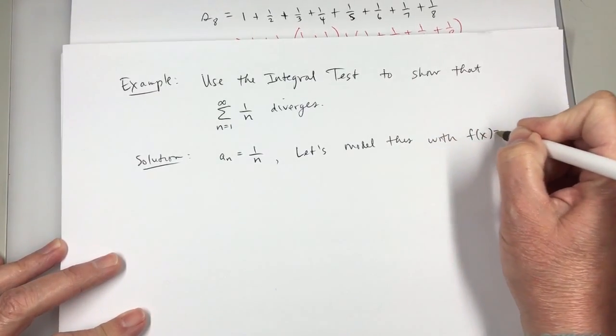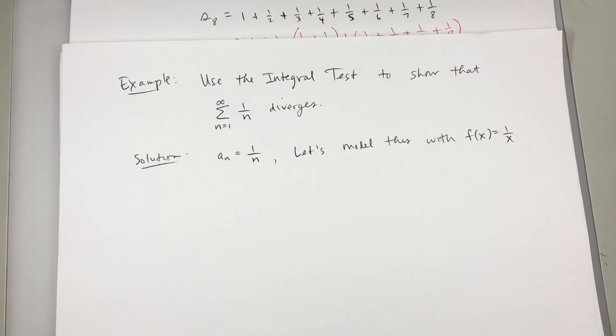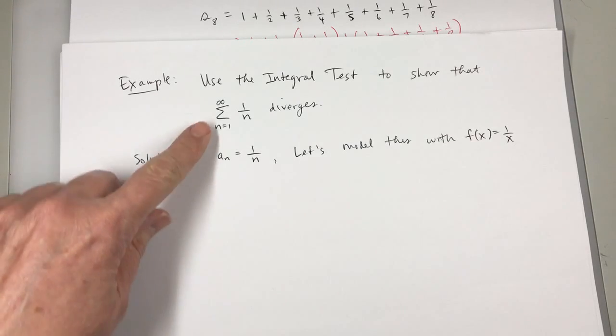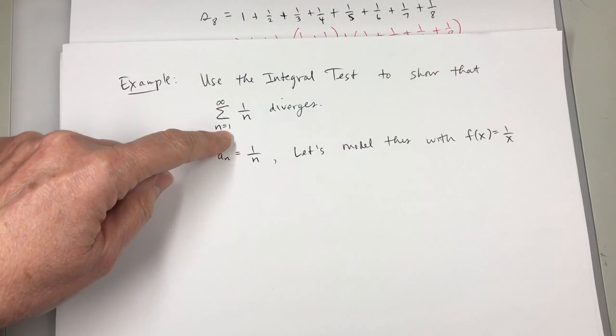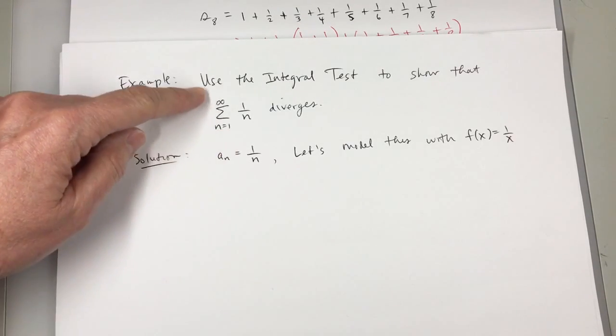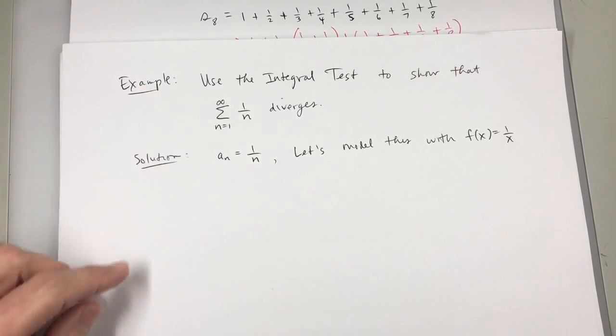f of x is 1 over x, where f of x, it is continuous, it is positive, and it's decreasing from 1 to infinity. So I'm looking, n starts at 1, goes to infinity. I'm not worried about my negative numbers right here.